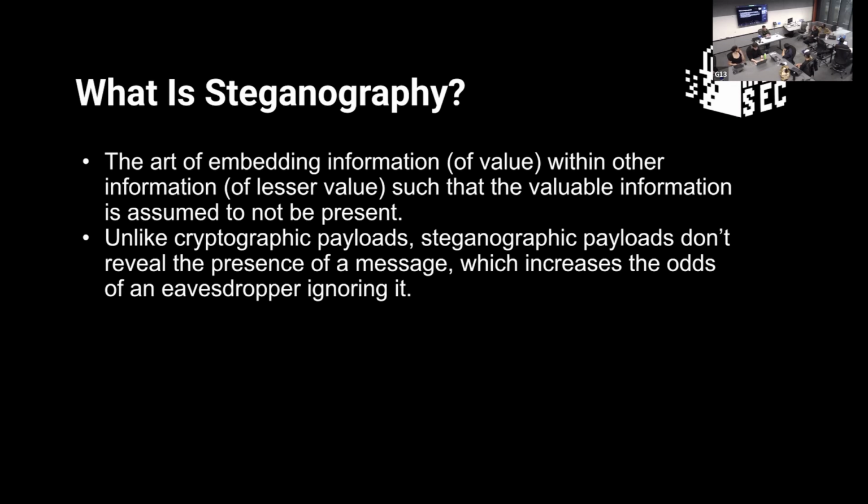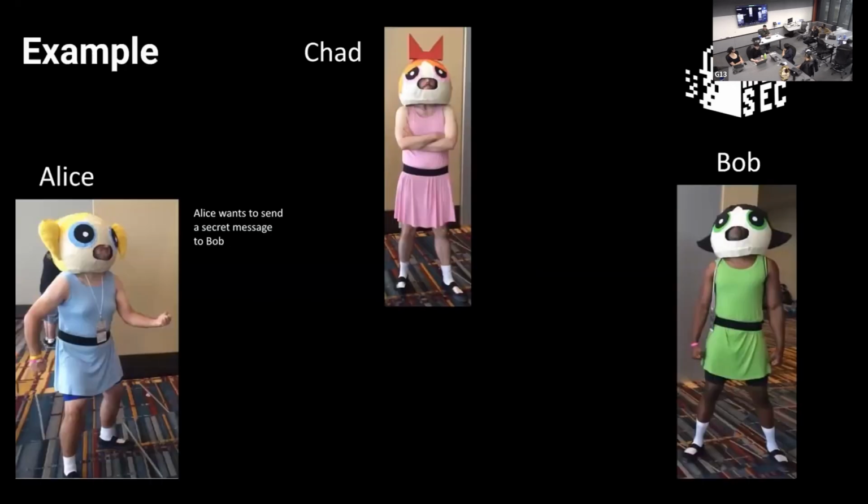Someone in the middle of our communication line won't be able to see that it's actually something of value. So here's an example. We have Alice and Bob, the two parties communicating, and there's also Chad, the eavesdropper. Alice wants to send a message to Bob, but she knows that Chad is listening.